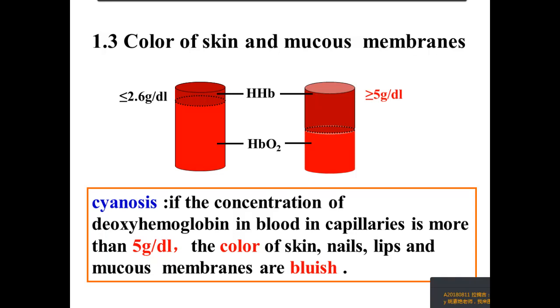Deoxyhemoglobin increases and oxyhemoglobin decreases, because in hypotonic hypoxia the partial pressure is less than 60, so saturation decreases. So in hypotonic hypoxia, is there cyanosis or no cyanosis?